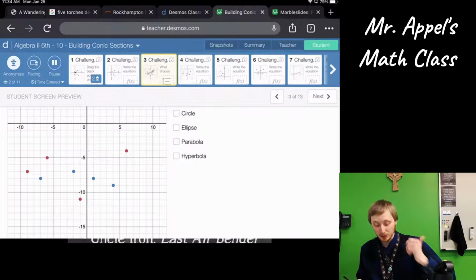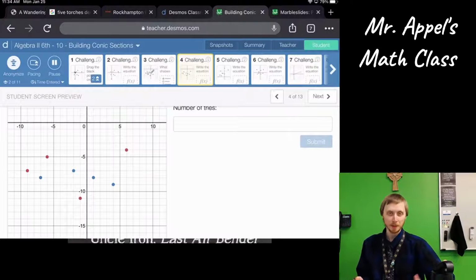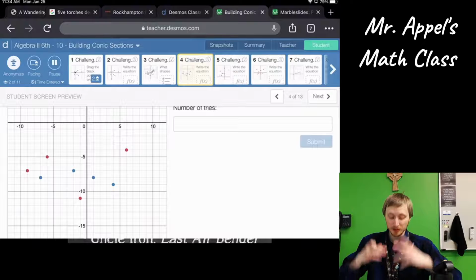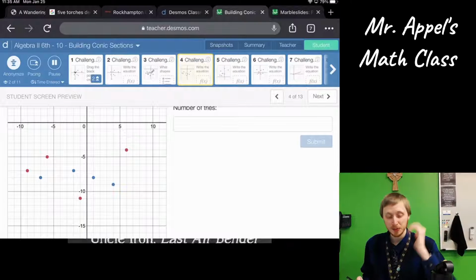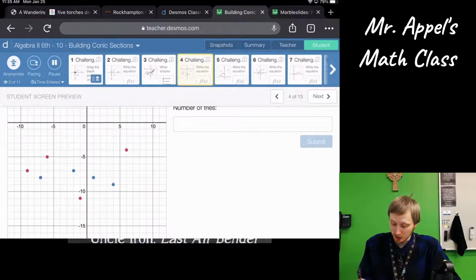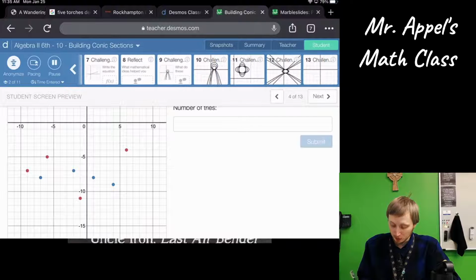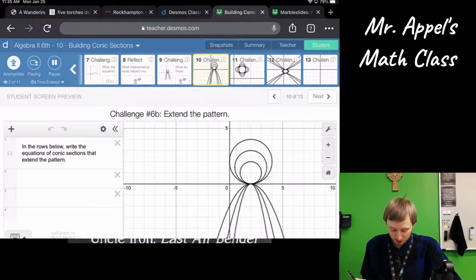So between the sketching, moving, and writing the equations, we will practice operating with all 4 types of conic sections today and go through the really cool ones. I like these challenge ones at the end, right? Write the equations of conic sections that extend the pattern. Oh, a pattern? What is happening here?